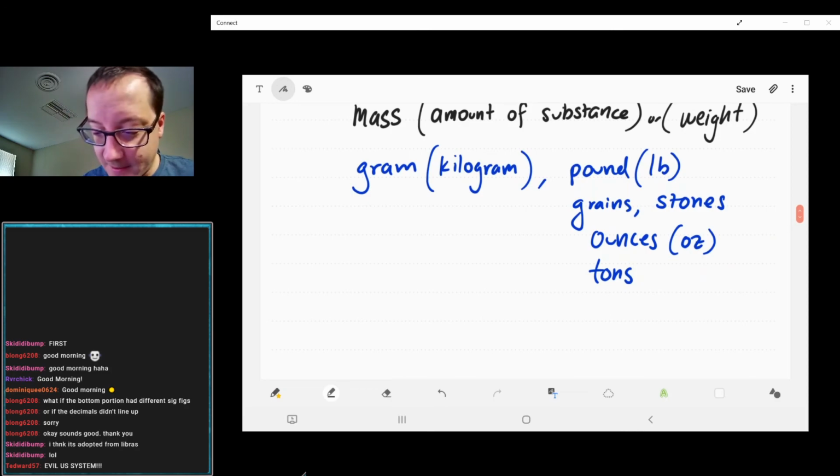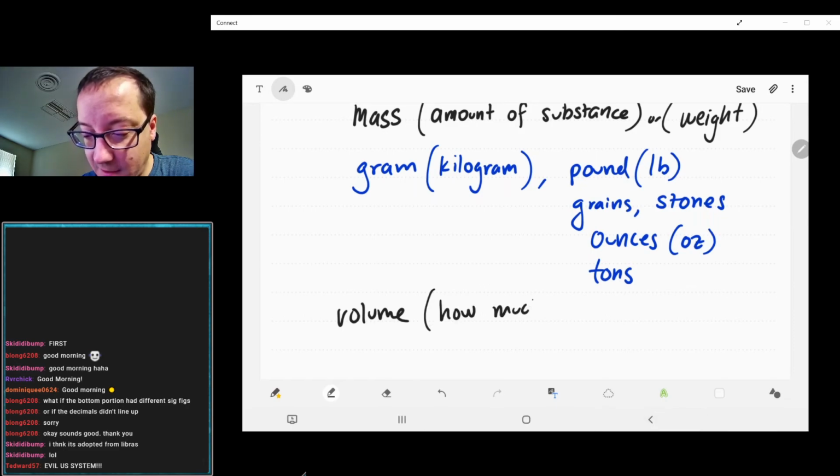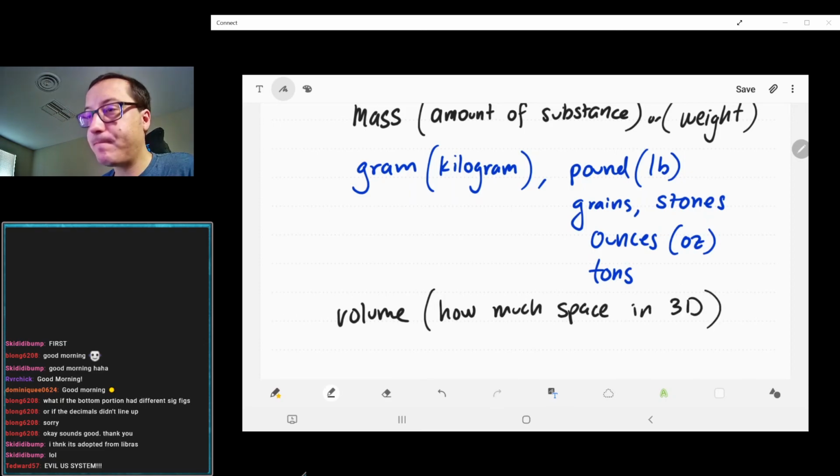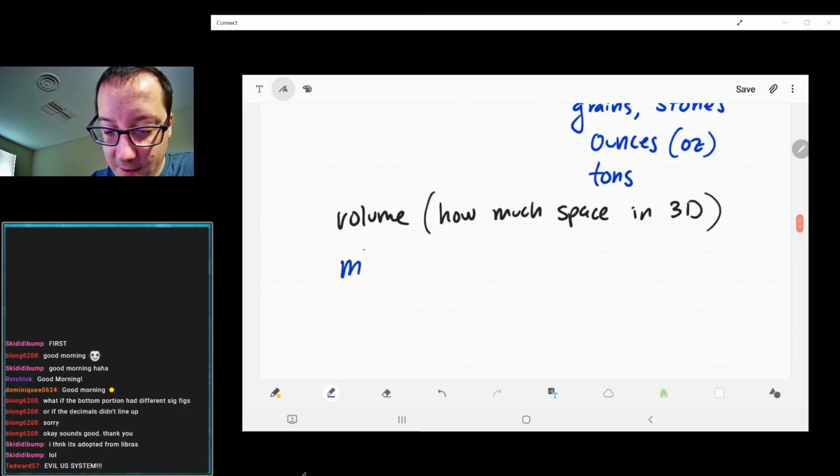Alrighty. That's mass. Good enough. So volume is going to be how much space something takes up in 3 dimensions. We have some volume units here. For us, we have a couple of metric units.